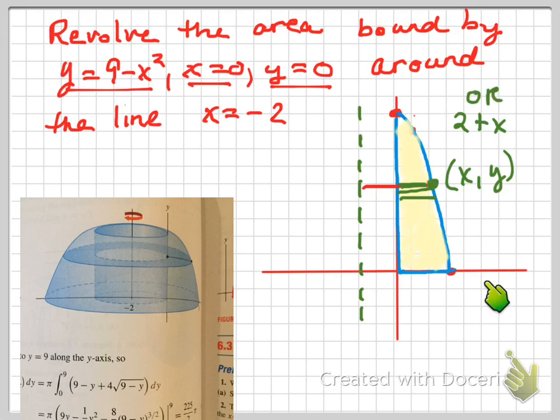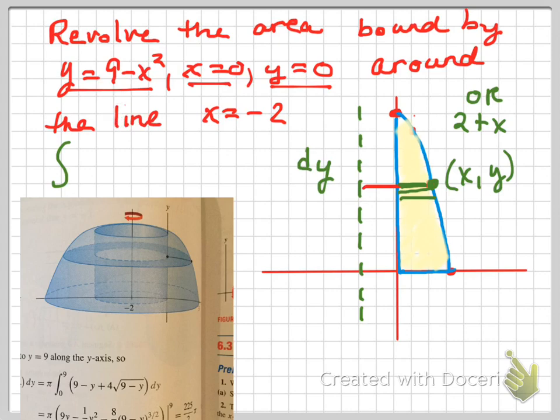But remember, I have to write this with y's because I have horizontal partitions. Anytime I have horizontal partitions, I'm going to use a dy. So I've got to change the x on this curve to something with y's. Go back to that equation and solve it for x.